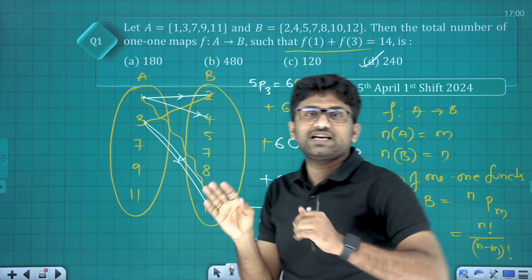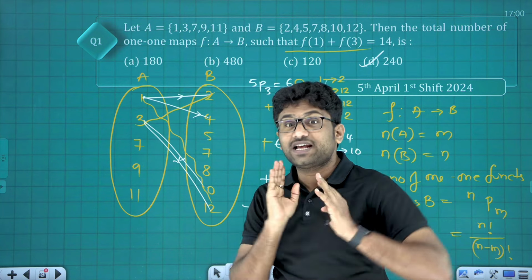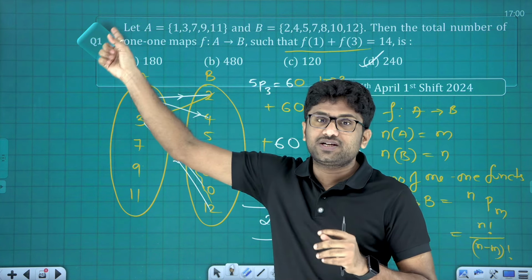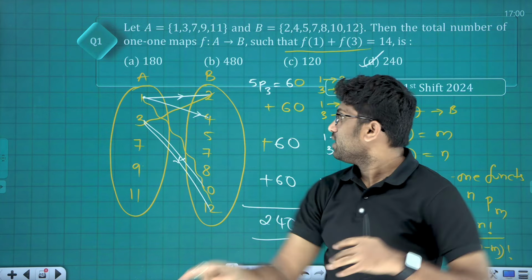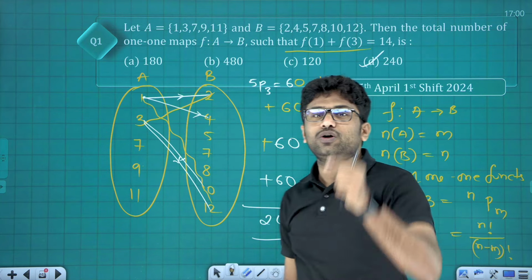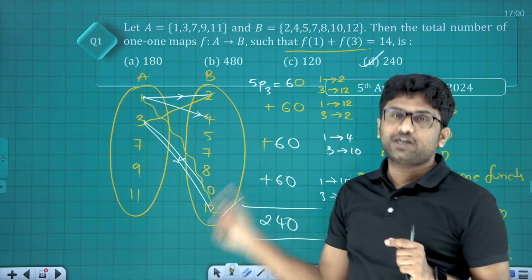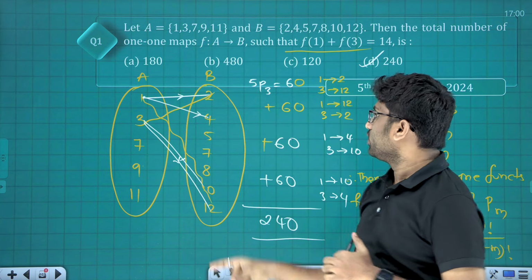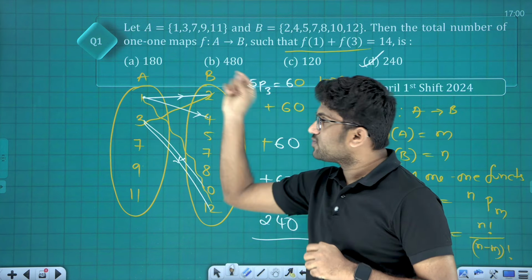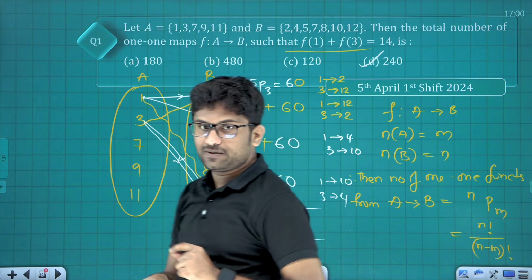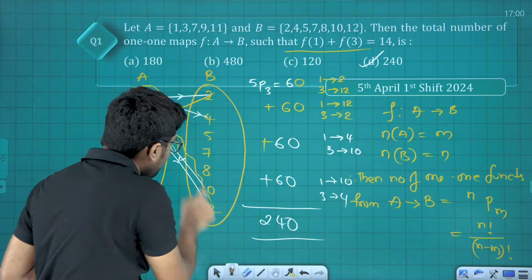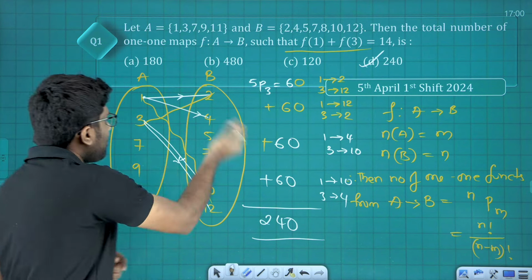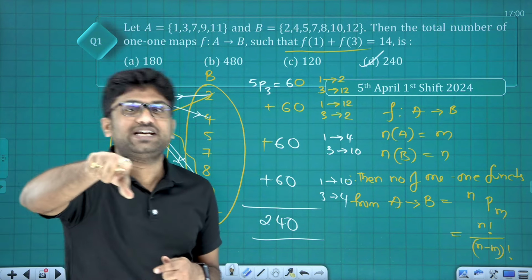Now they are not asking us to find the number of 1-1 functions directly. They have given a condition. That condition should be satisfied and the remaining elements should map. Each element of A should map with only a unique, distinct element in set B. Clear? So first we satisfy the given condition. When we satisfy it, that means 1 mapping with 2 and 3 mapping with 12, one case, the remaining elements can be mapped in 5P3, 60 ways.